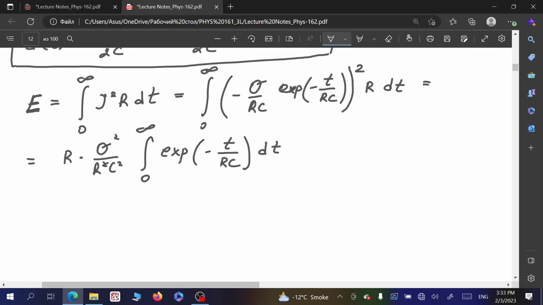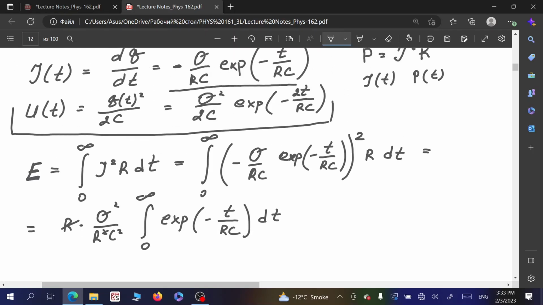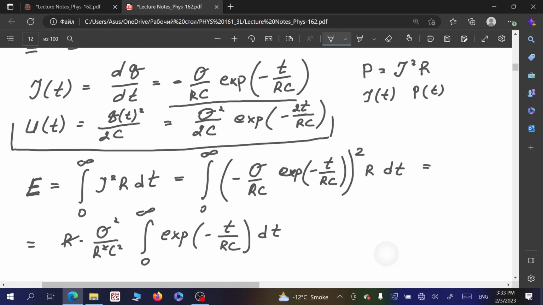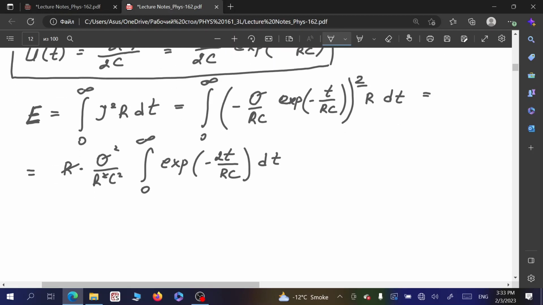So we can cancel this second power and this R. And now we need to integrate it, but again, I missed the 2 in the argument of the exponent, for current. No. You are right. Minus T, that's correct. I missed 2 here because of this factor, second power. Okay, now we have this.